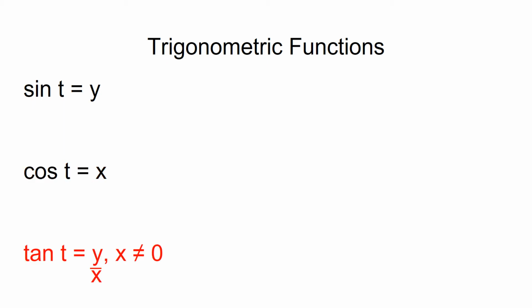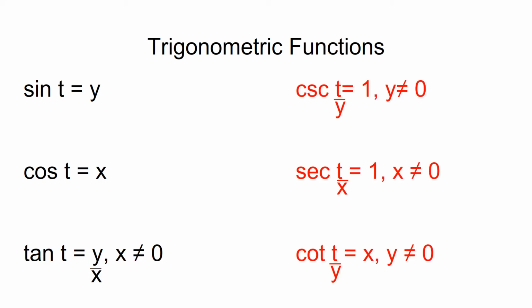And as long as x does not equal 0, we can say that the tangent of t is equal to the ratio of y to x. We define 3 additional trigonometric functions, cosecant, secant, and cotangent, as the reciprocals of sine, cosine, and tangent of t, respectively.